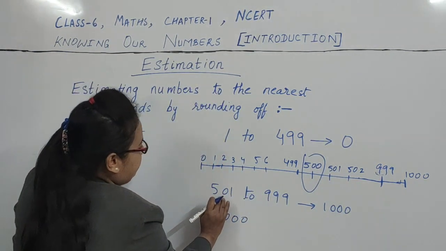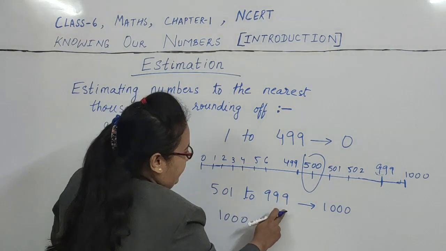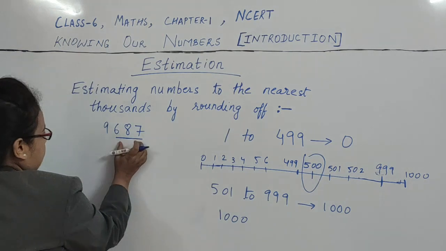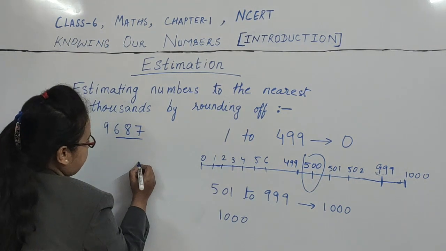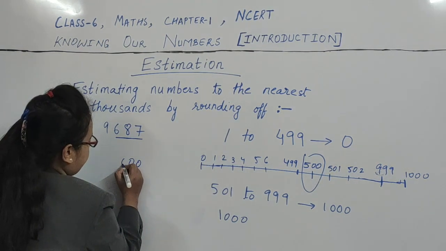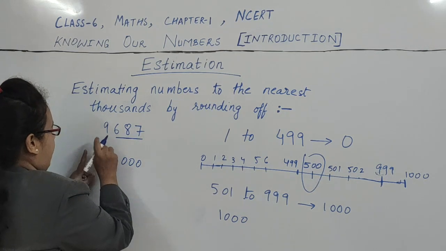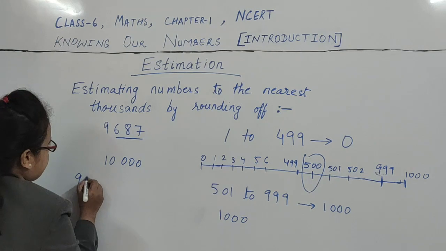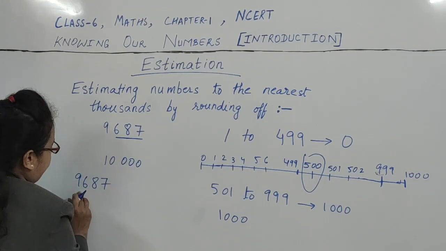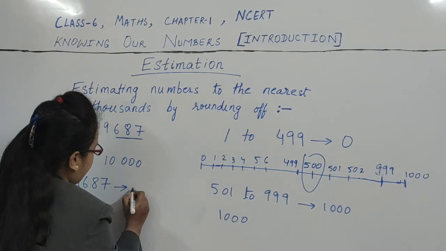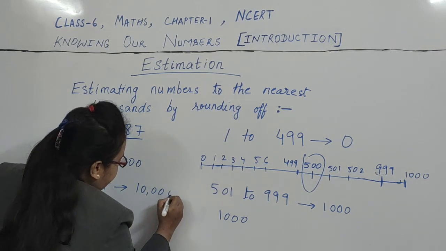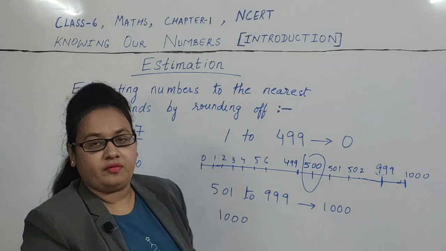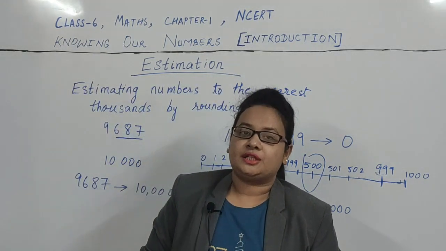If the number is between 501 to 999, it will be rounded off to 1000. So 1000 means 1 and 3 zeros, and 1 carry, and this 9 plus 1 will be 10. So 9687 is rounded off to 10,000 to the nearest thousands. This way we round off the number to the nearest thousands.